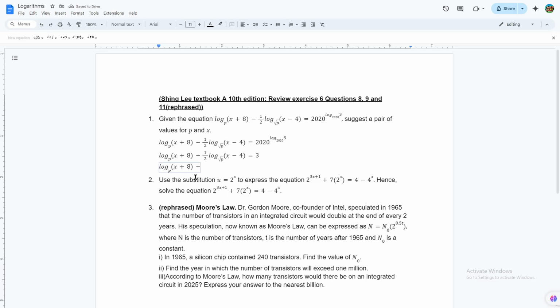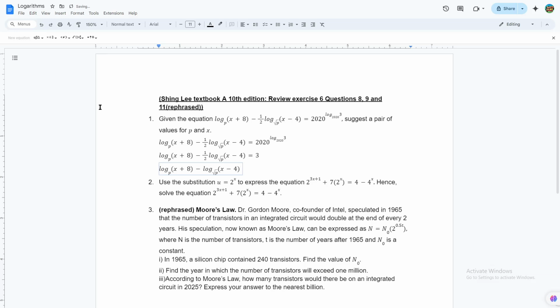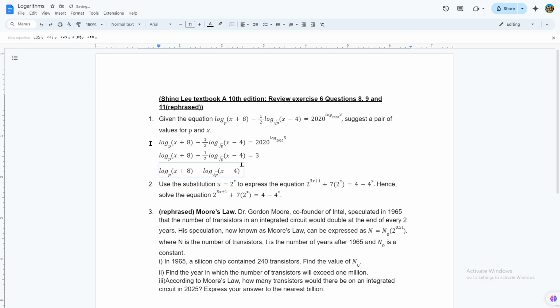So the logarithm will be log base square root p of (x minus 4) to the power of half, and this will give us 3.